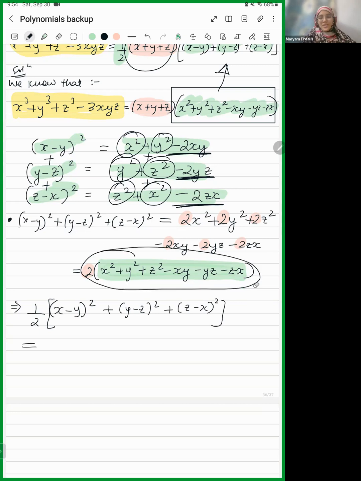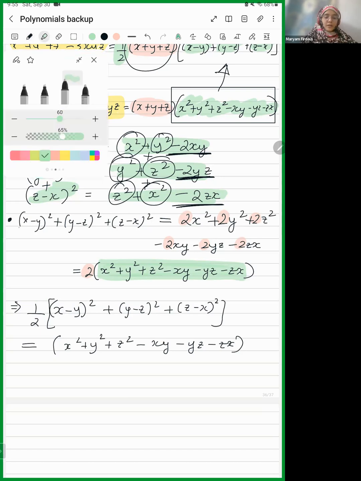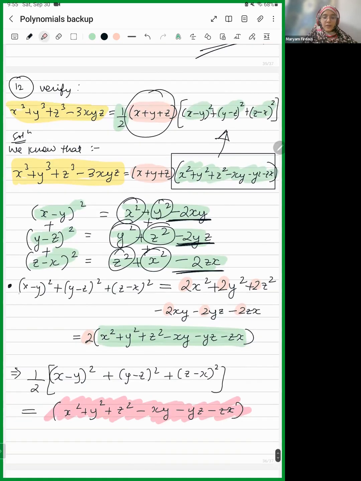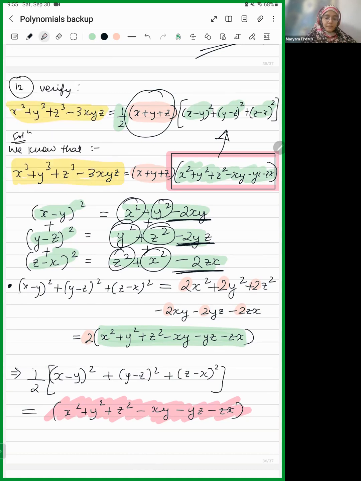When you divide 2 by 2, it's just 1, so we're left with x square plus y square plus z square minus xy minus yz minus zx. So this particular expression in the bracket, which we have written in our identity, can be replaced by half of this thing, which is exactly what we needed.